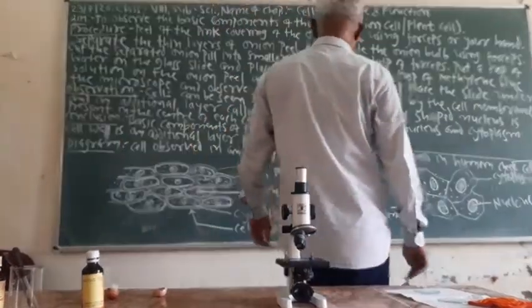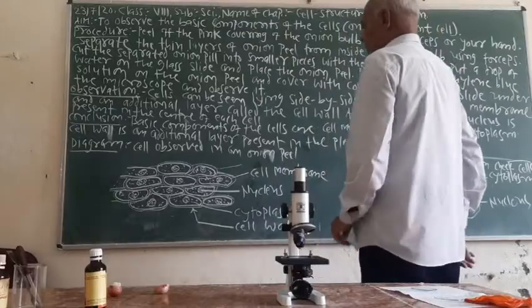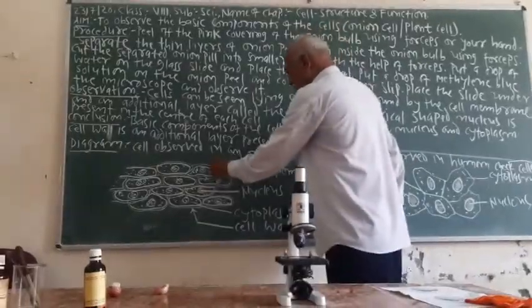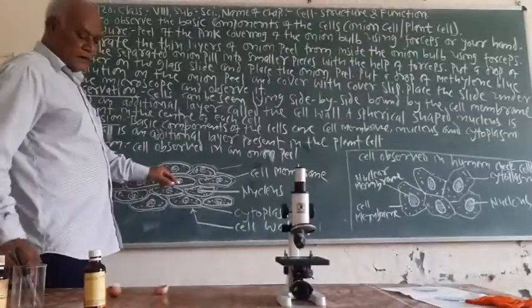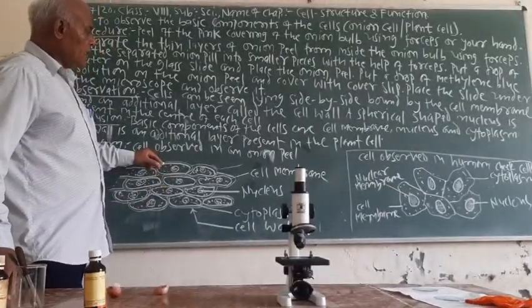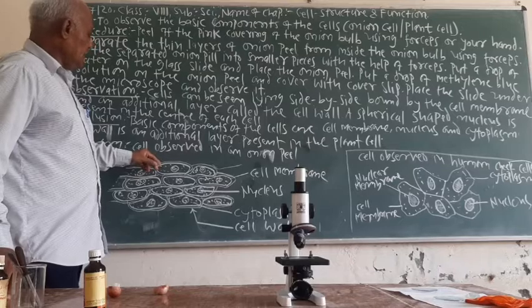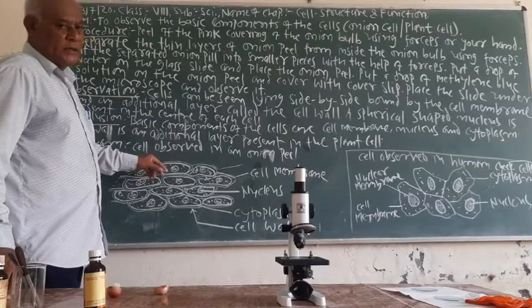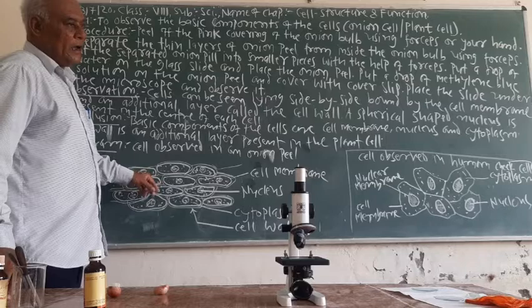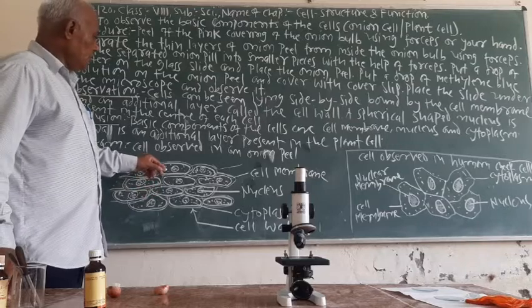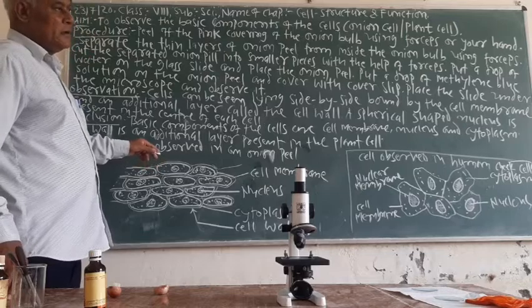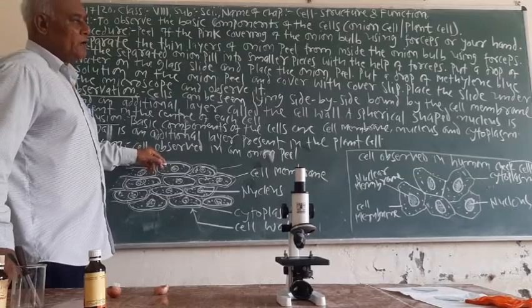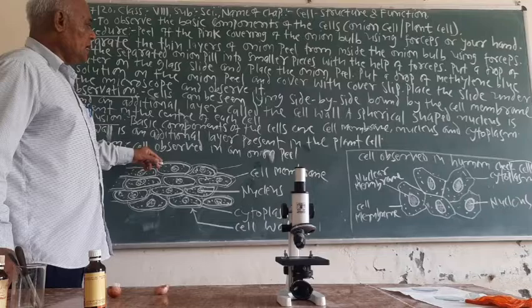And you also see that an additional outer cover is present in the onion cell. Onion is a plant, and the cells of the onion contain a cell wall as an outer covering around the cell.